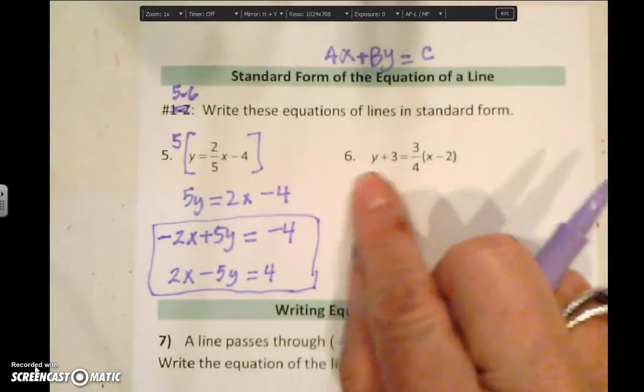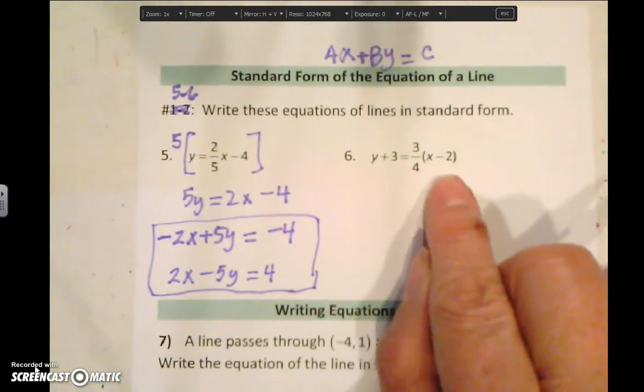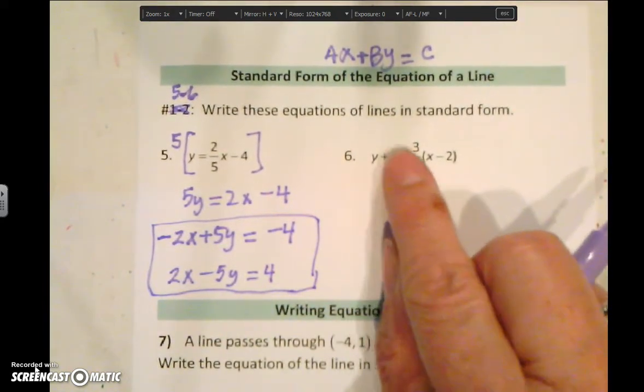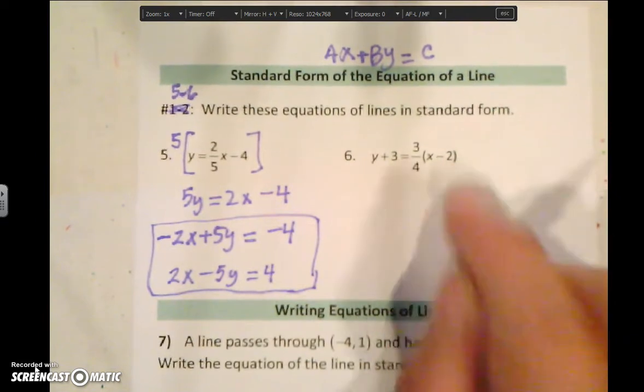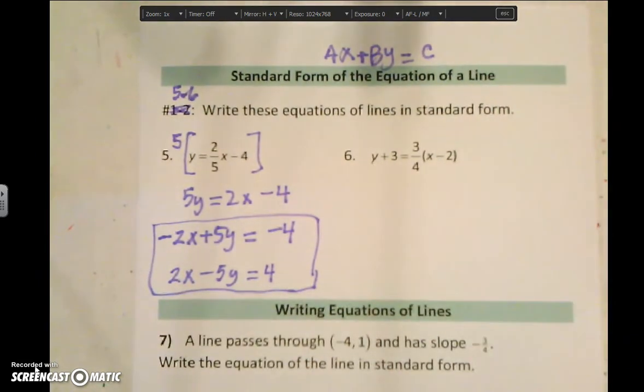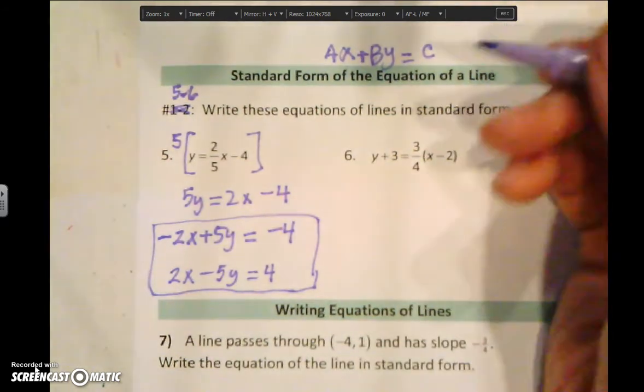Now on example 6, this time you can see it's in point slope form. y minus y1 equals m times x minus x1. And I am going to take that and change it into standard form. So again, I'm going to get rid of the fractions.